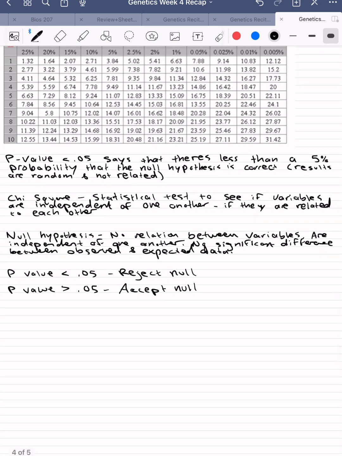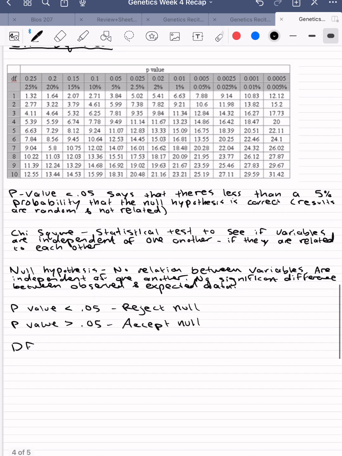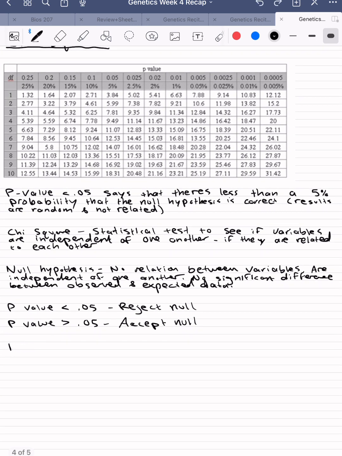And you also have something referred to as degrees of freedom, df. Or I think it's going to be written little d, little f. And what that essentially is, it's the number of independent pieces used to calculate the statistic.